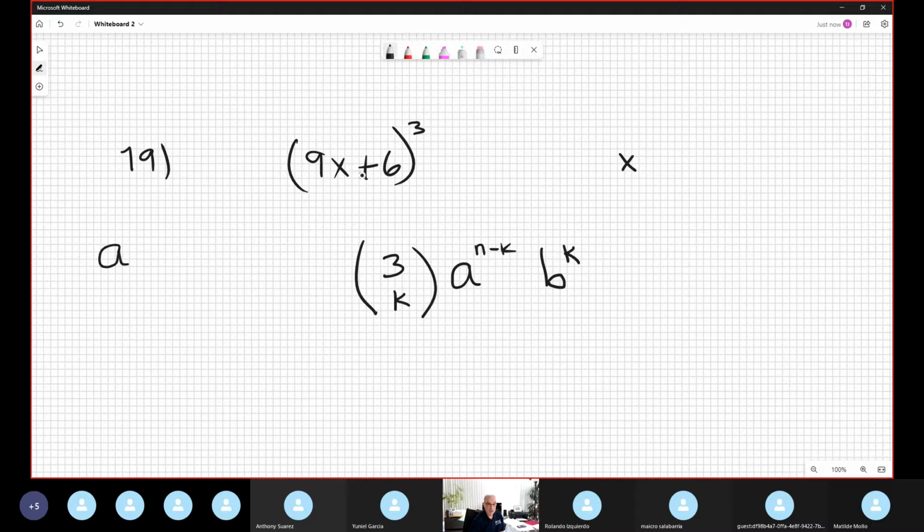I know that A is 9x. So you replace A: it's 9x raised to the exponent, which is 3 minus k, and B is 6, so 6 to the k.